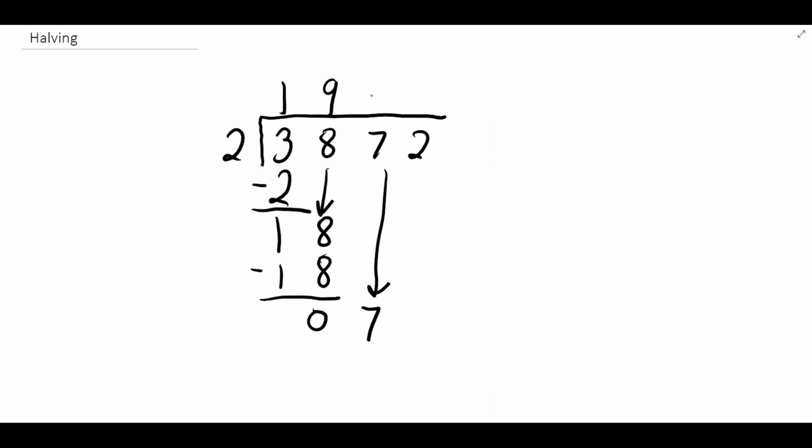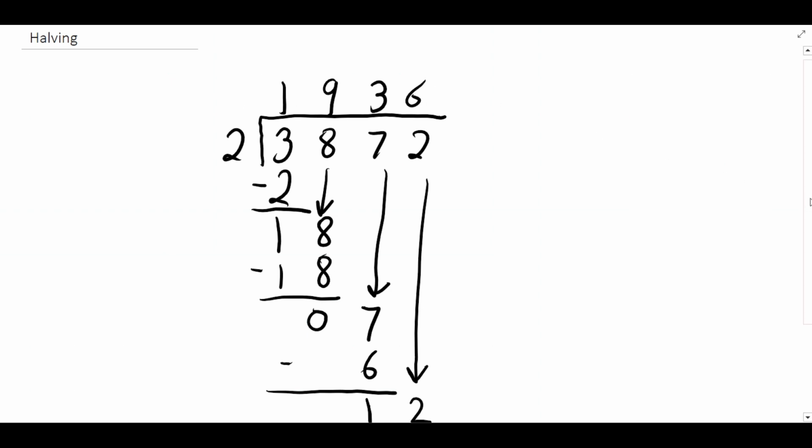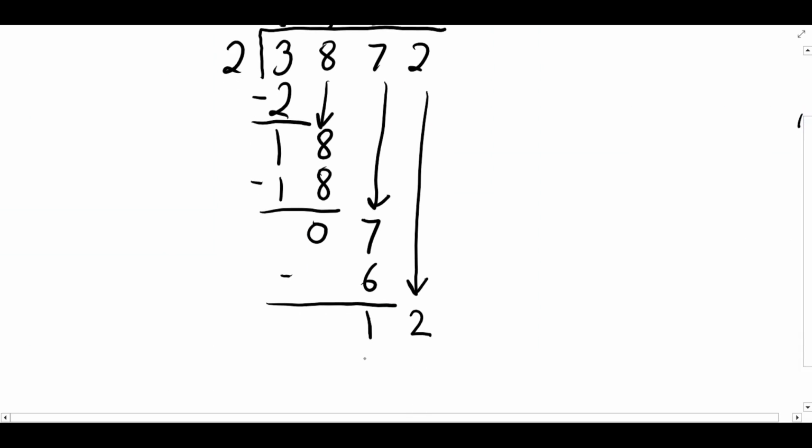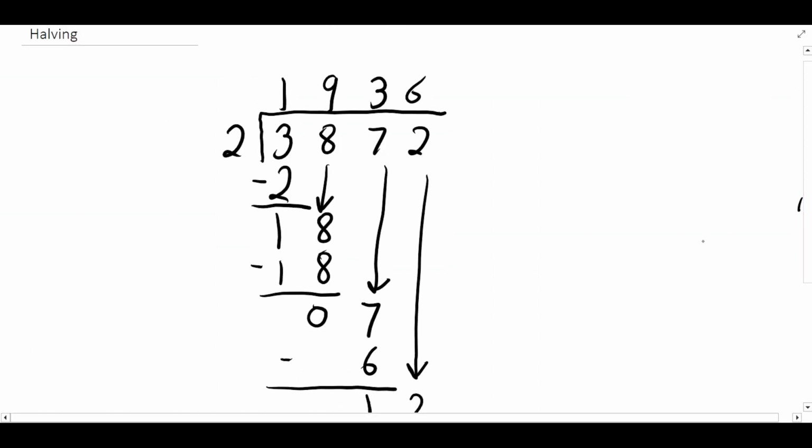Bring down the 7. 2 times 3 gives you a 6, which is the closest to 7. You have 1 as remainder. And of course, bring your 2 down. And finally, 2 times 6 gives a 12. So minus 12 will end up in 0, and that's how you get your solution.